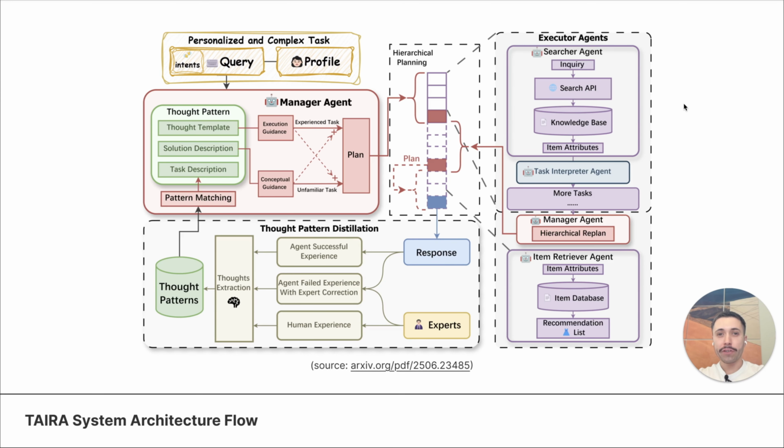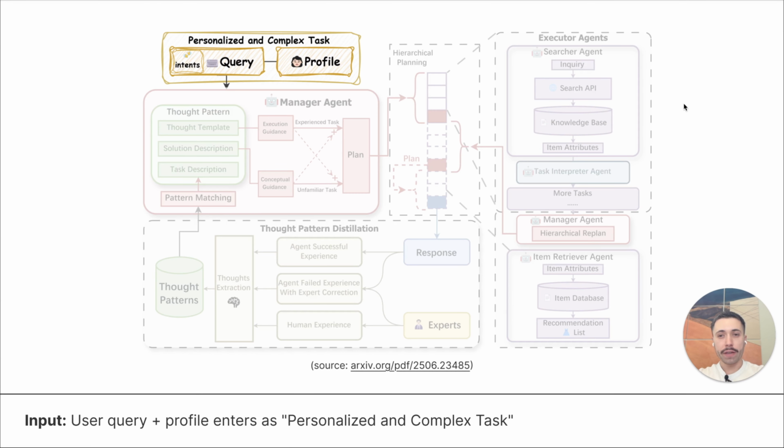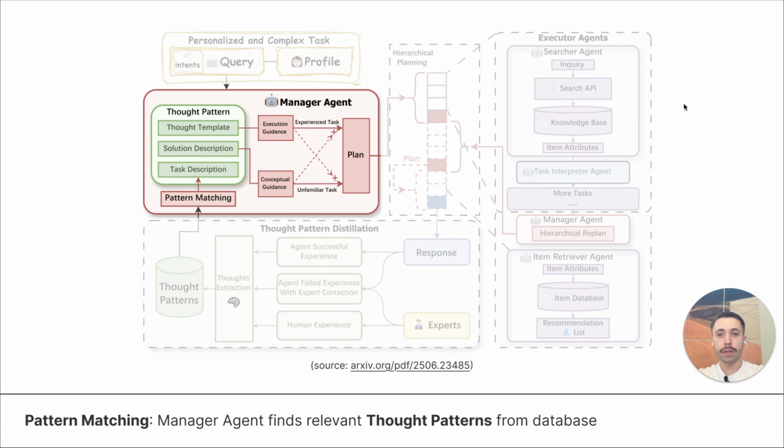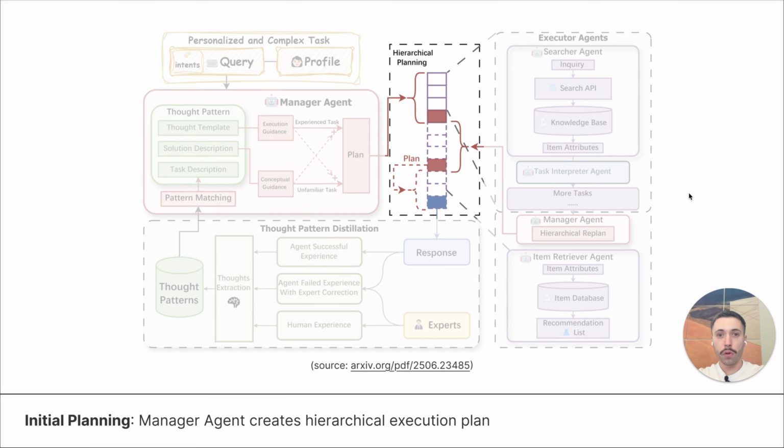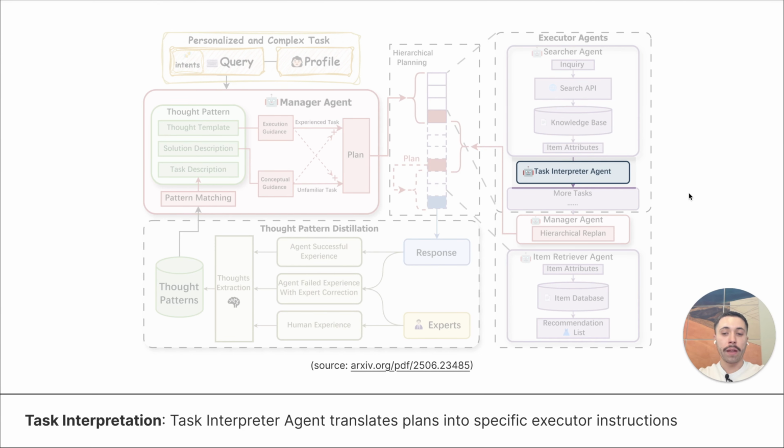Let's see how TAIRA is actually built. Everything starts from the user query. The manager agent, based on the query and the profile of the user, finds relevant thought patterns from the database. After that, the manager agent creates the initial plan, and the task interpreter agent translates plans into specific executor instructions.